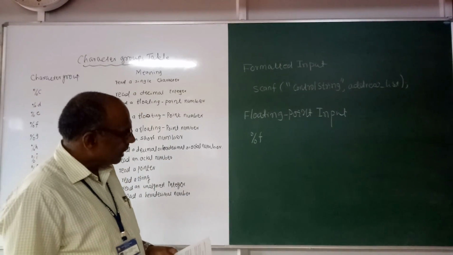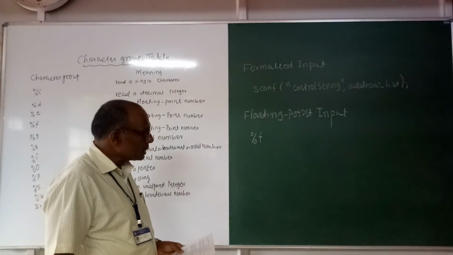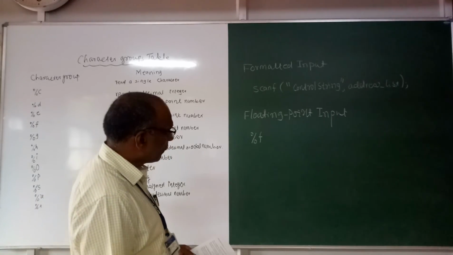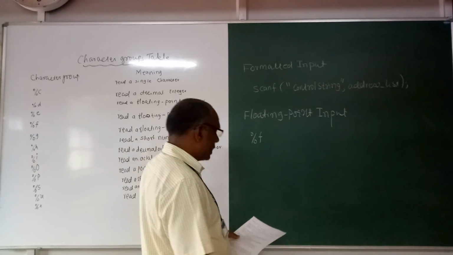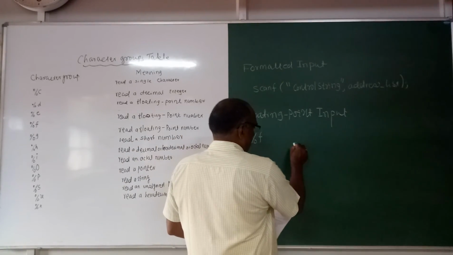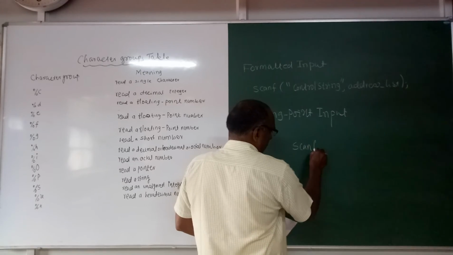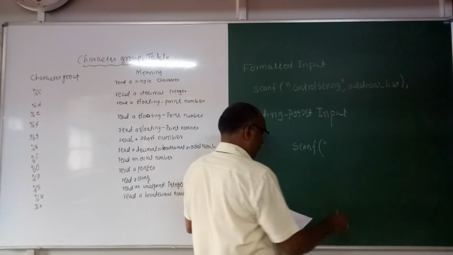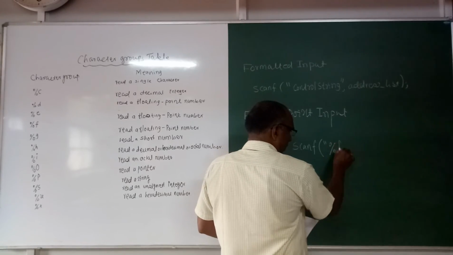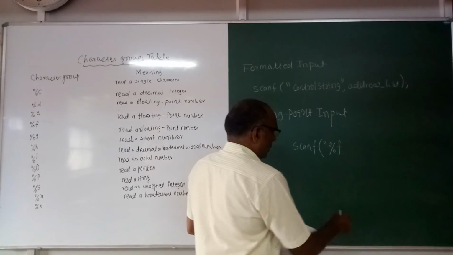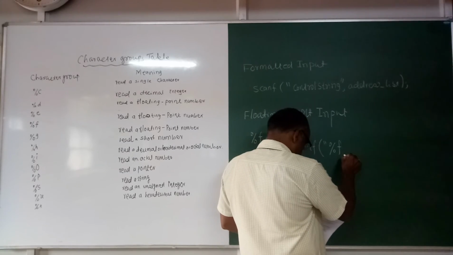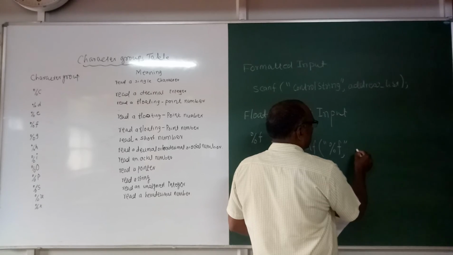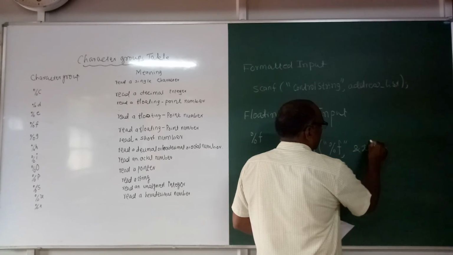So let us write a statement which accepts a real point value for a certain variable, say x. Scanf, double quote, percent symbol F, okay, complete the code, and ampersand x.